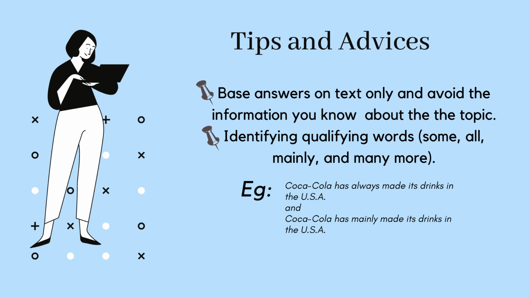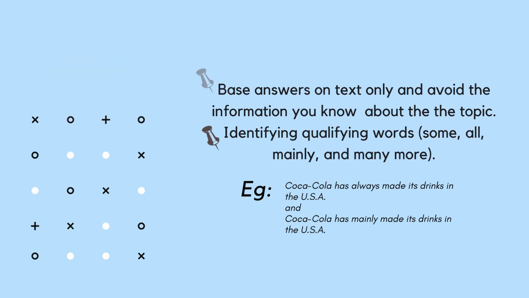For example, "Coca-Cola has always made its drinks in the United States of America" has a different meaning from "Coca-Cola has mainly made its drinks in the United States of America." Now, always and mainly have changed these statements' meaning completely.